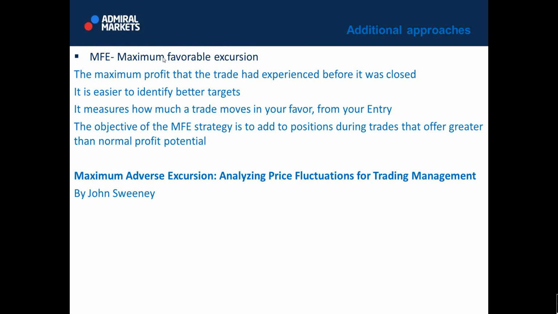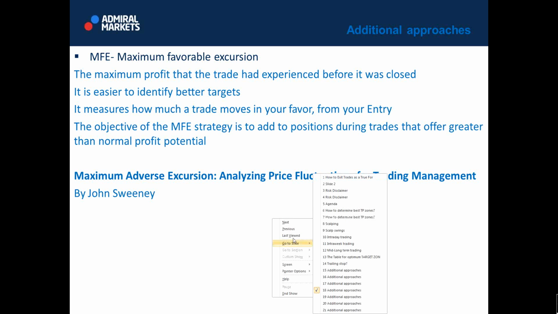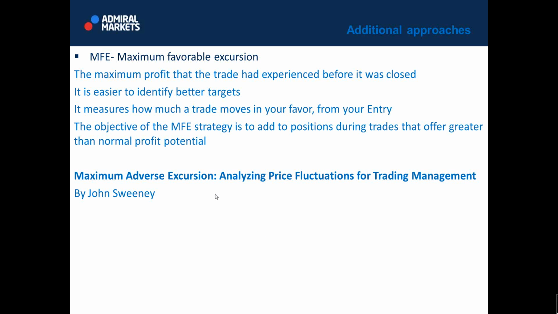What is MFE? It's maximum favorable excursion. MFE is basically telling you, okay, that your trades, let's say, can rarely make money once they have hit 50 pips of profit. Okay? So if your trades are making 30 pips of profit on average by MFE analysis, you will usually take those 30 pips and you will not risk a loss because you want 50 pips.